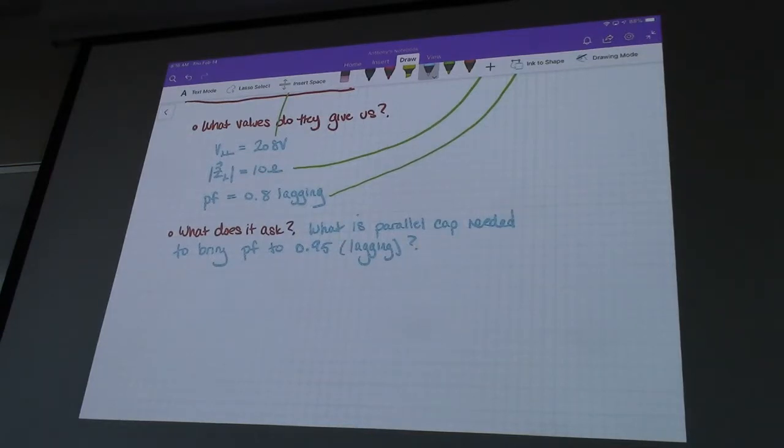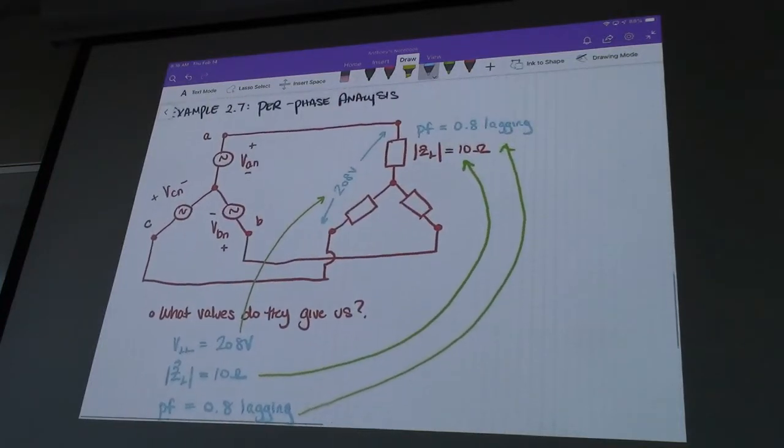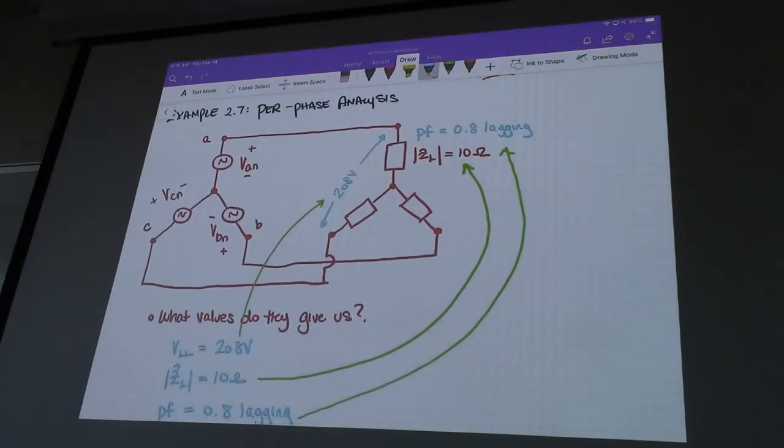What parallel capacitance is required to do the power factor correction? So this is a power factor correction example. Now, where's our cap going to go?